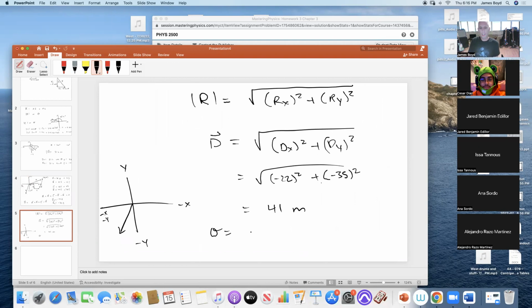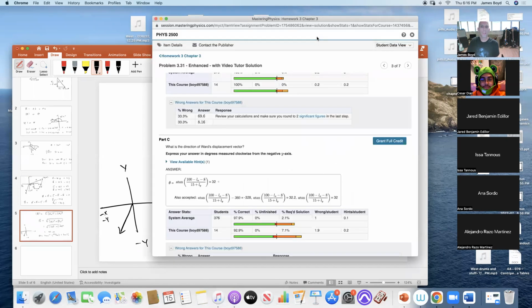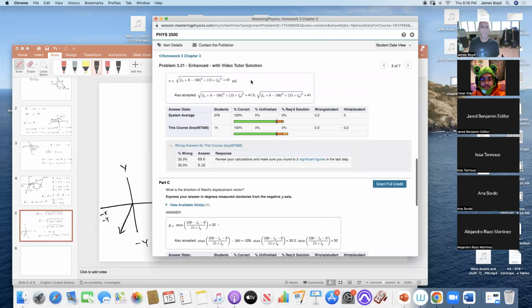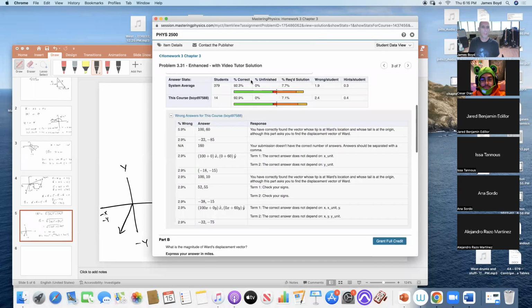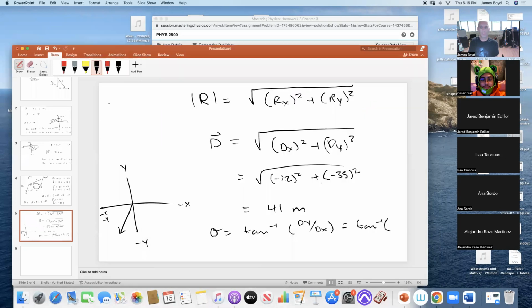How we find that angle is arctan of dy over dx. So that is arctan of negative 35 over negative 22. Now your calculator is not smart. It's going to give you probably a positive angle because it doesn't realize there are negatives.